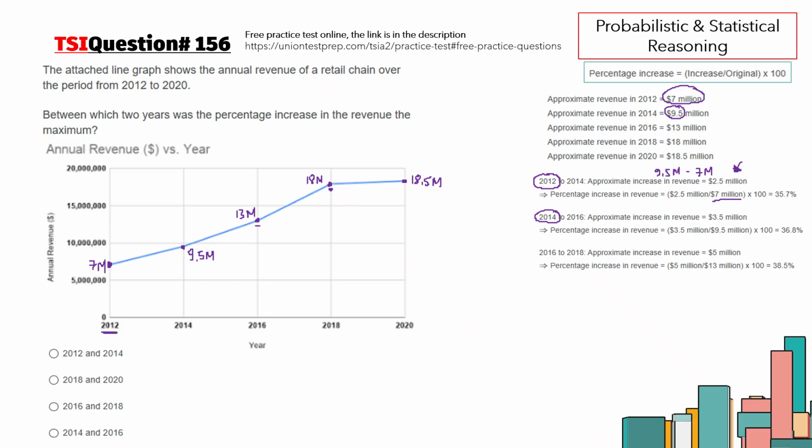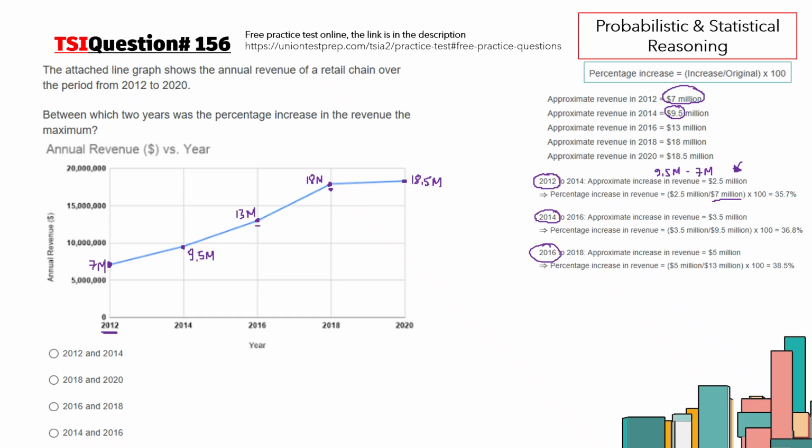Okay, so we take 13 subtract 9.5, divide by the original amount, then we multiply by 100. Okay, similar to the last.